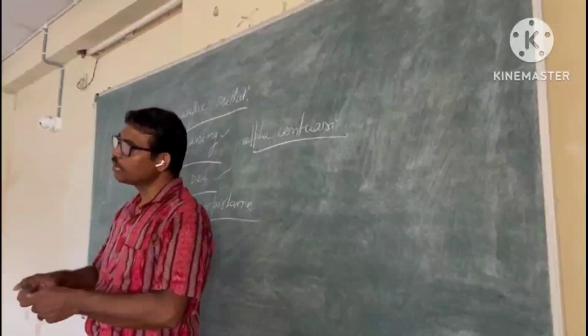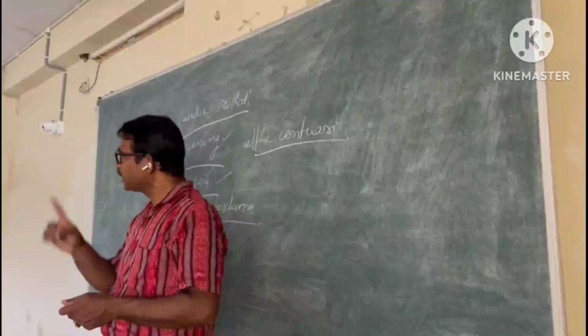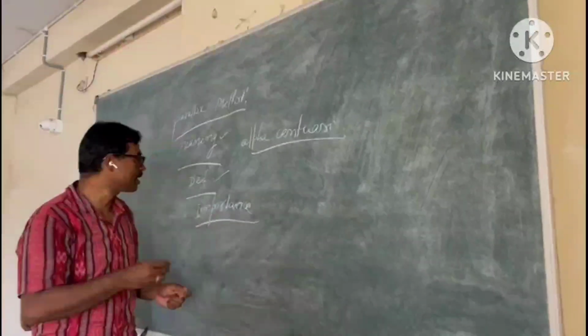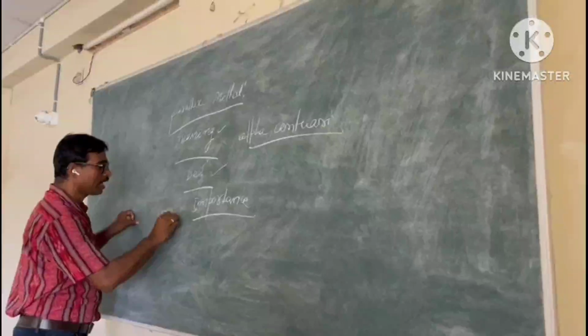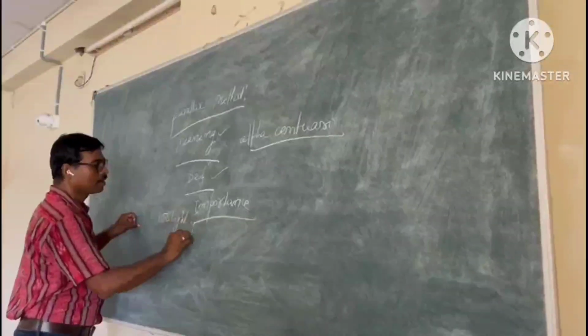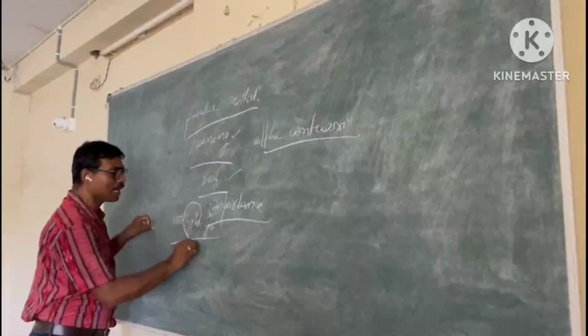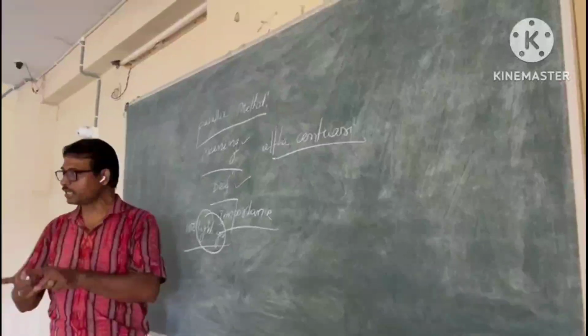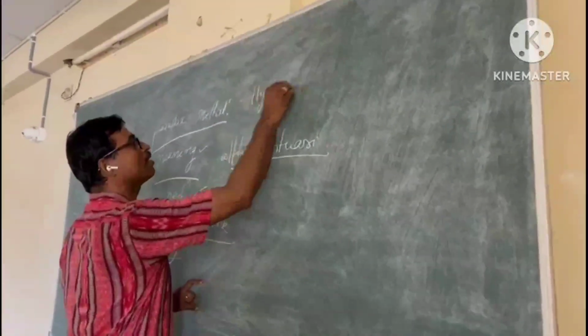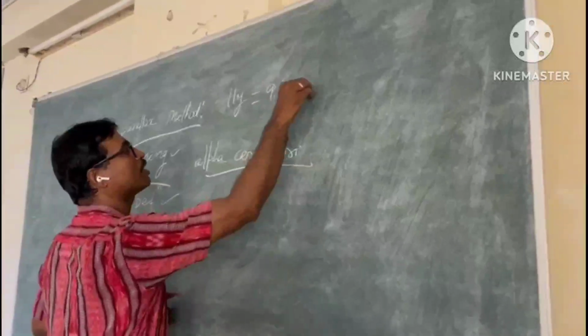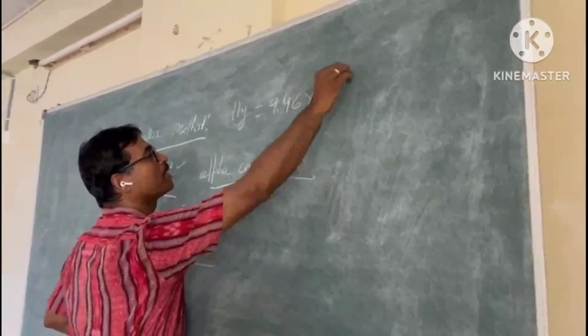Where you will use it: if your distance is 100 light years. From the beginning, I have told you light year is the unit of distance. 1 light year is equal to how much? 9.46 into 10 to the 15 meter.